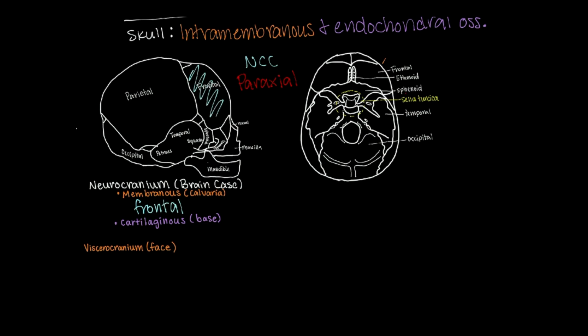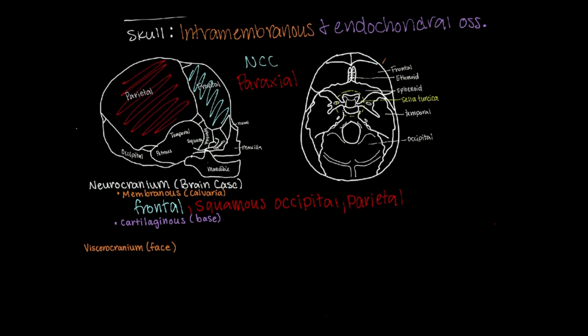And here's that frontal bone right here. And then the parts that are going to be derived from paraxial mesoderm are the squamous part of the occipital bone and the parietal bone.